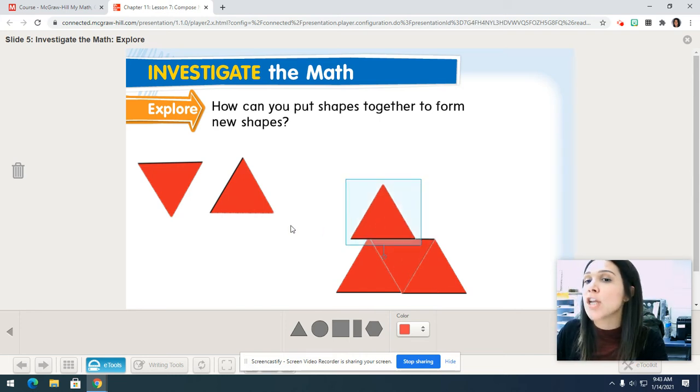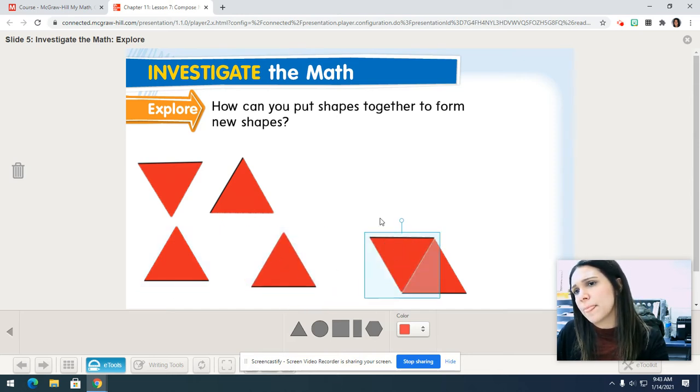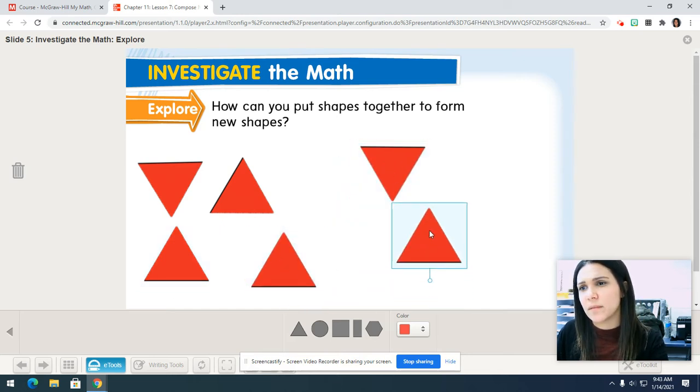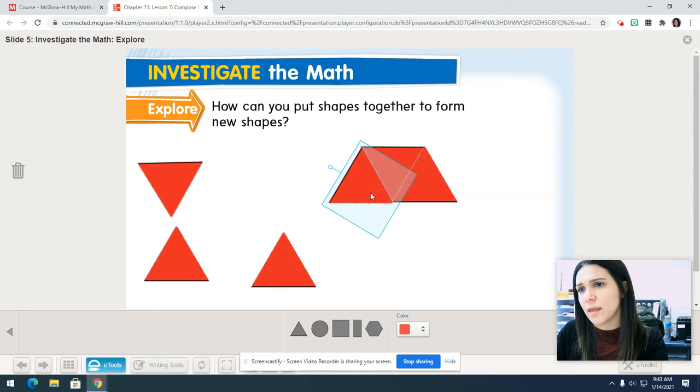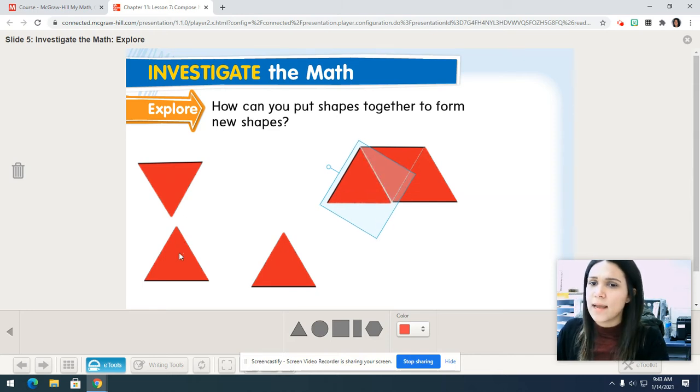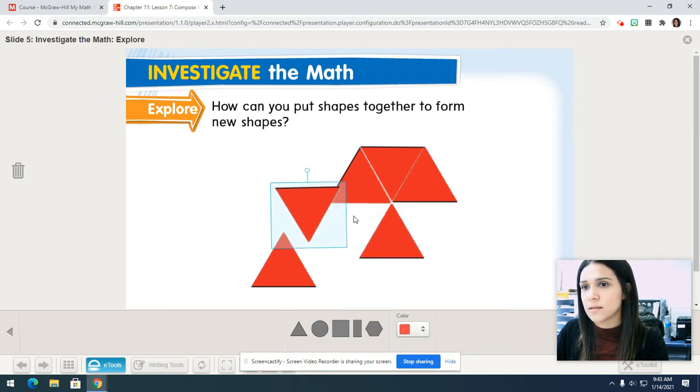Now I'm going to make another shape. So I'm going to take these apart. Okay, I'm going to start with this one. Just watch what I do when I move the triangles. I'll put that one there. Now, I'll put this one here. And move that one there.